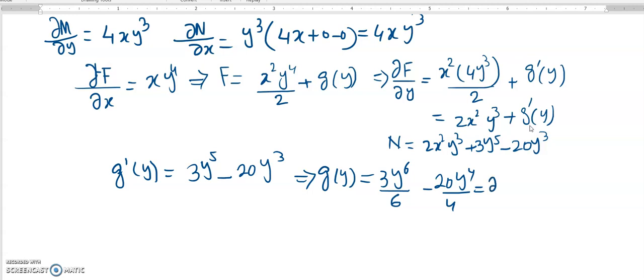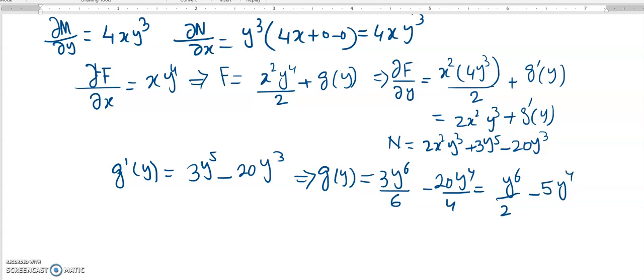So it will be y power 6 divided by 2 minus 5y power 4. So this is g of y.